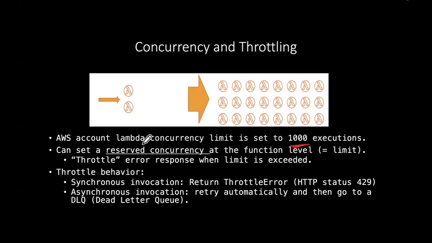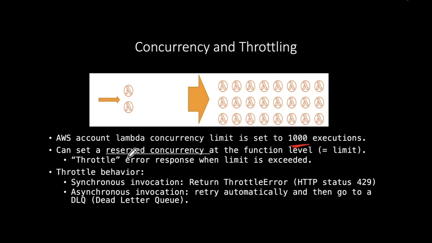Which means that, let's suppose we set the reserve concurrency to 10 for a particular Lambda, and let's say 15 concurrent instances of the sourced event occur. Then for 5 of those events, the Lambda service will return a throttling error response back to the client.